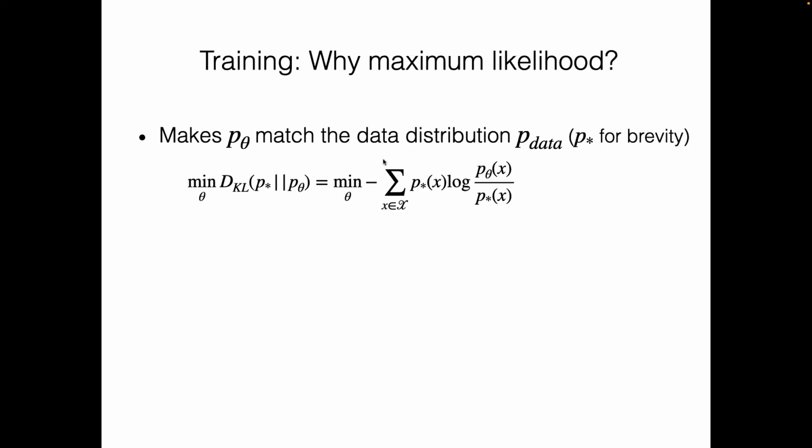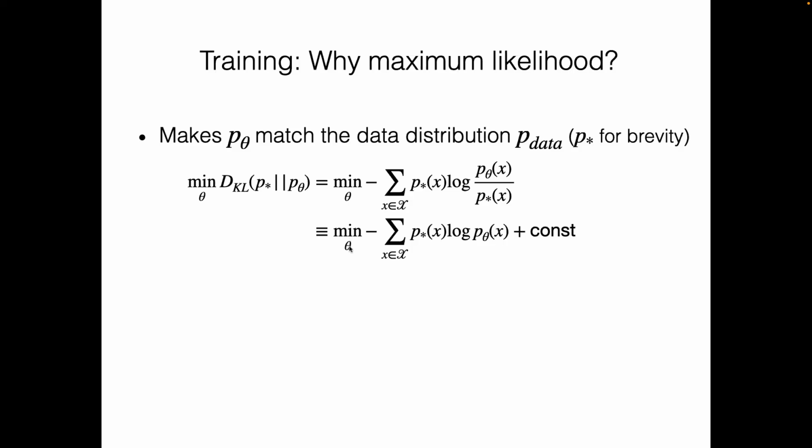This here is just the definition of KL divergence. If you haven't seen it before, you can go on Wikipedia and look up the definition; this is just writing it out. Then what you can do is expand out this log term. So you'll have this, and then minus this term down here. I talked about this in the previous class. This term over here will be P star of x log of P star of x.